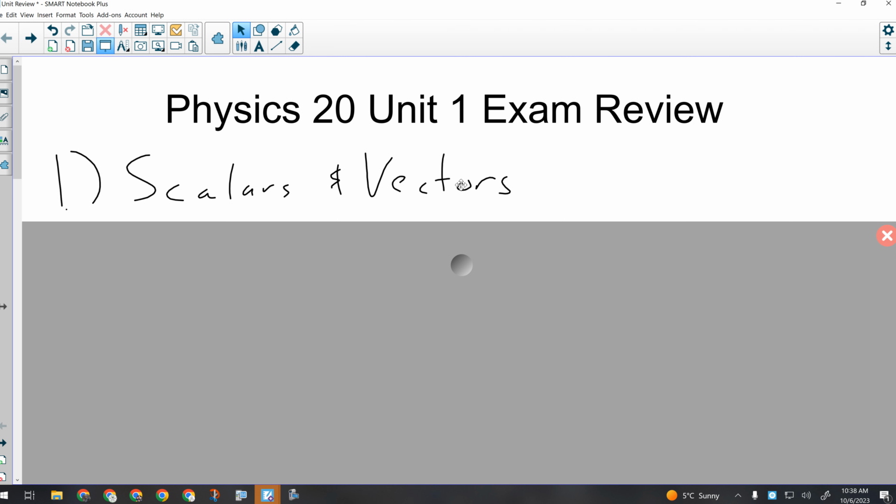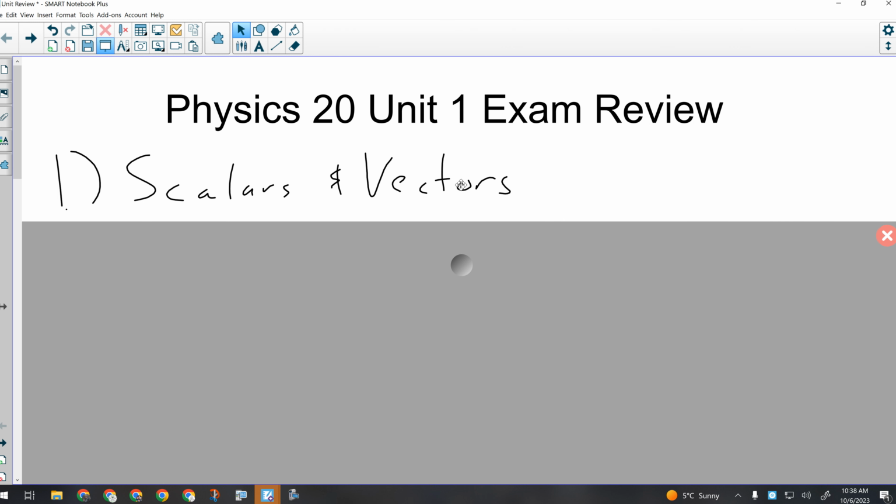If a question asks you, let's say something like this, a car is skidding along an icy road. It starts at a velocity of 25 meters per second forwards, and after accelerating at -5 meters per second squared for 6 seconds, what is its final velocity?